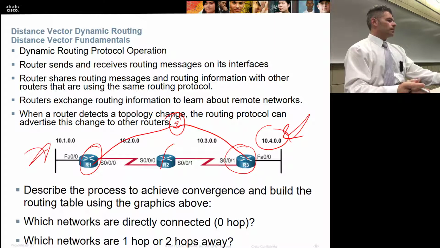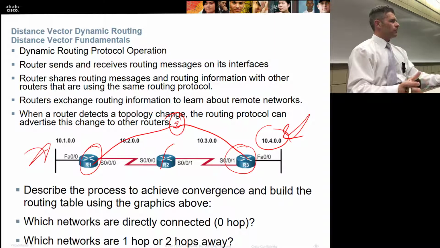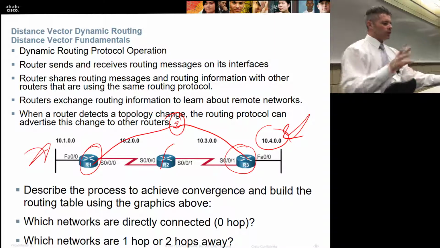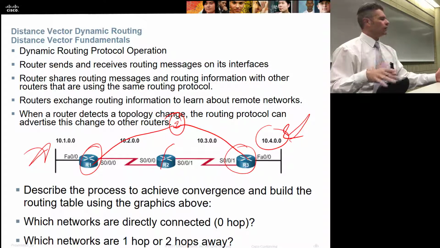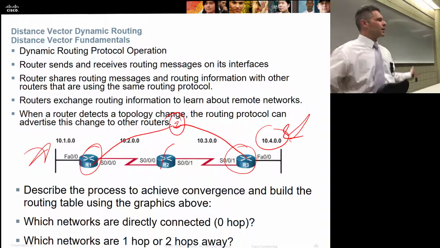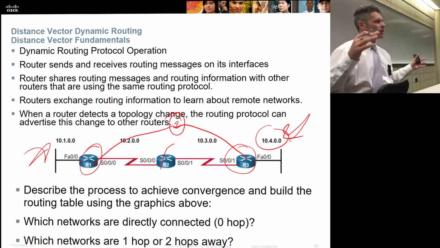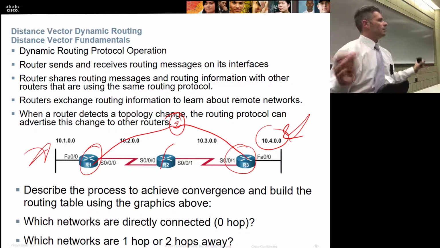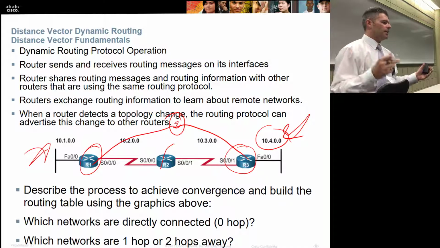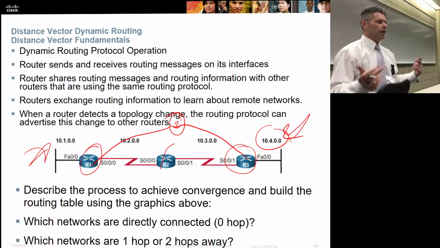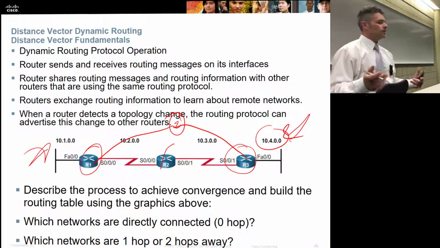So convergence, hopefully just to refresh your memory, is once the network's kind of got all of its stuff figured out, right? The network knows everything about the network. All of the routers are hip to all of the other routers' routing tables, and we know how to get from FA0 on router 1 all the way to FA0 on router 3.